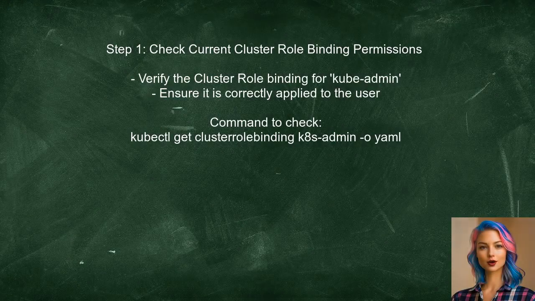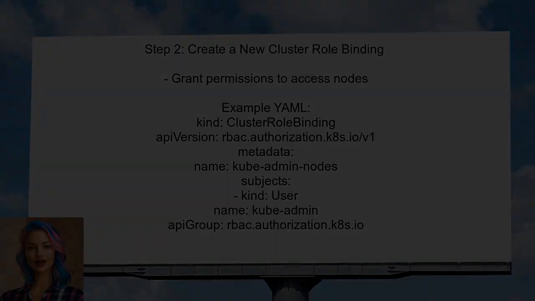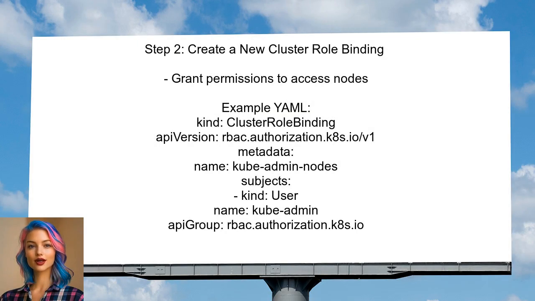To resolve the issue, the user should first check the permissions associated with the current cluster role binding. The error indicates that the user is being treated as system anonymous, which suggests that the permissions may not be correctly applied. Next, the user needs to ensure that the kubeadmin user has the necessary permissions to access the nodes.